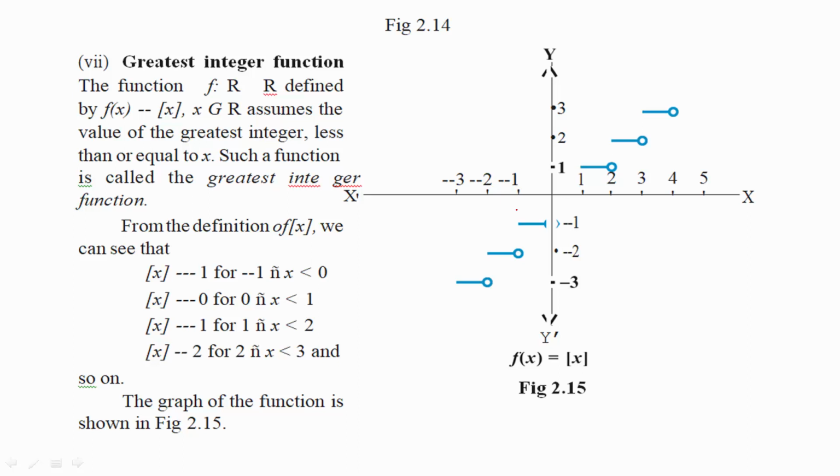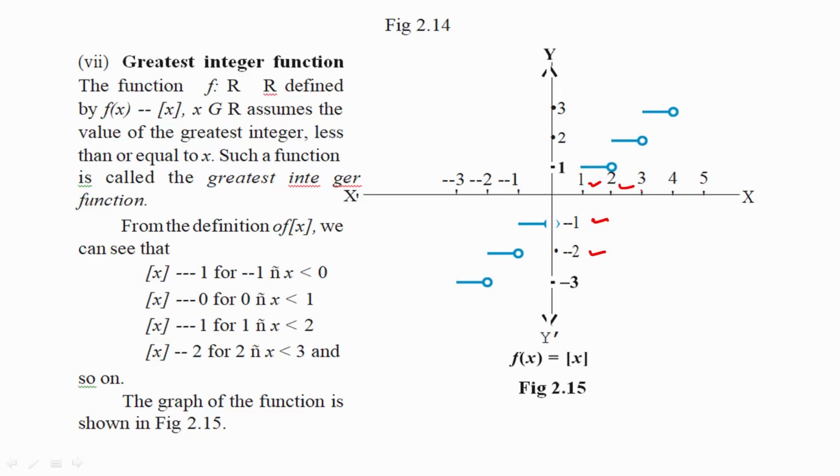I am sure that you will say no. Anyway, you can see that you have to lift your pen at the locations which are indicated here by x is equal to -1, -2, 1, 2 and 3, and all integers like this.